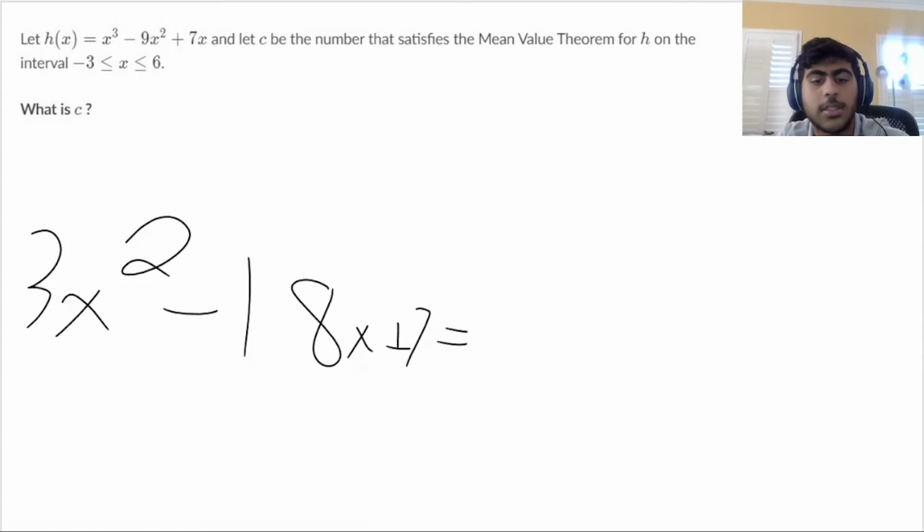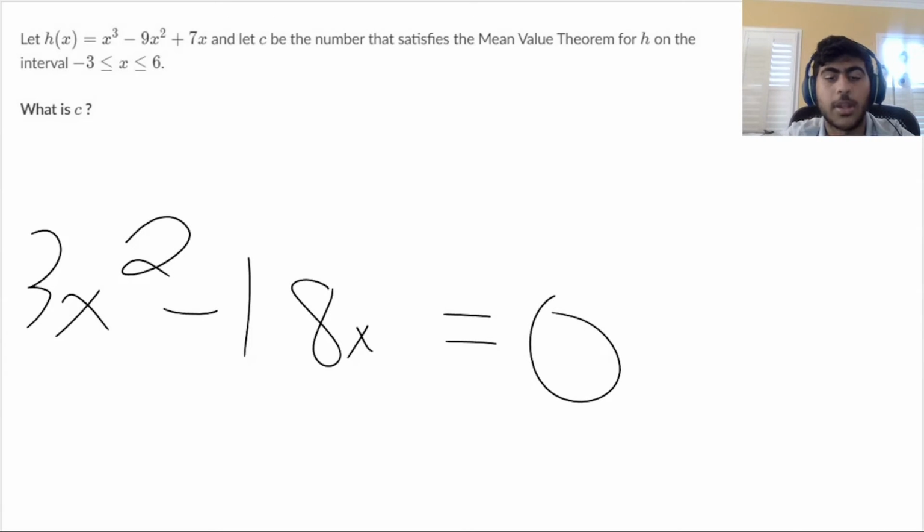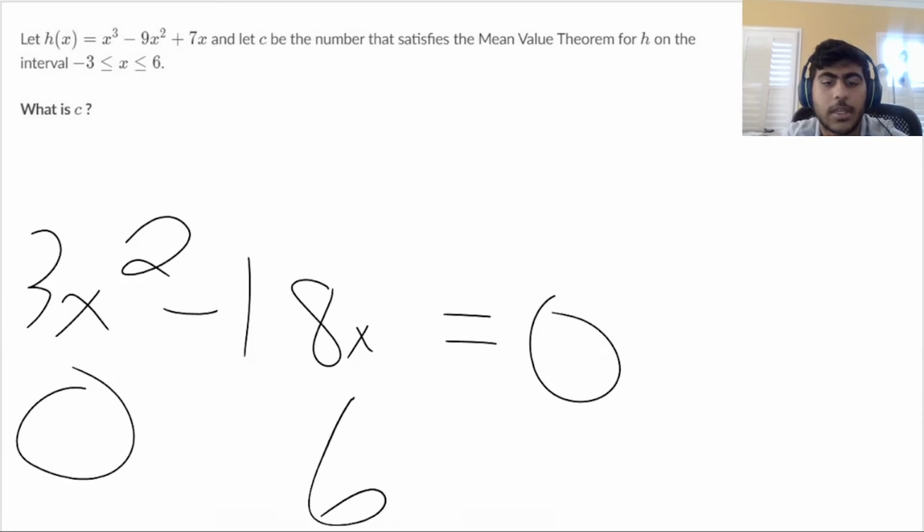What a coincidence, these two cancel out. This is equal to 0. Now we have two solutions here. We have both 0, and then we have 6. Right? So both of these could work theoretically, except that 6 is an endpoint, and you cannot take the derivative of an endpoint on an interval.